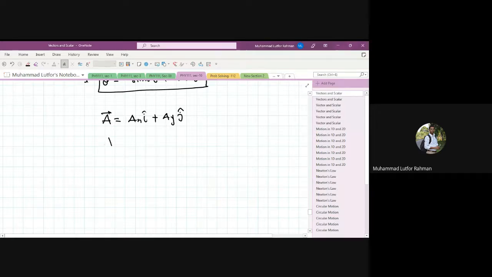If I want to express the vector in polar coordinates, I have to write ar, the radial part of the vector, into r hat, plus the angular part a theta into theta hat. That would be the representation of a vector in polar coordinates. That's why you have to know the values of r hat and theta hat, which you can find out in that way.